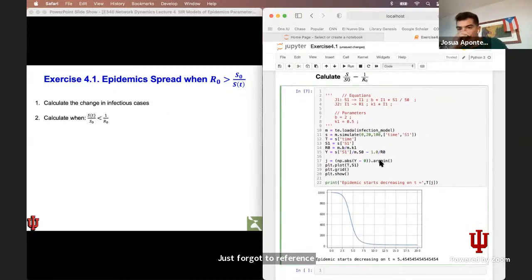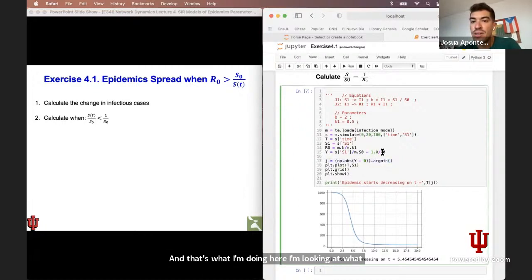Okay, so what I'm looking at is when this equation becomes smaller than 0. I'm looking at what is the index at which this equation becomes smaller than 0. And then I plug that index back into my time series to get the time at which the epidemic starts decreasing.